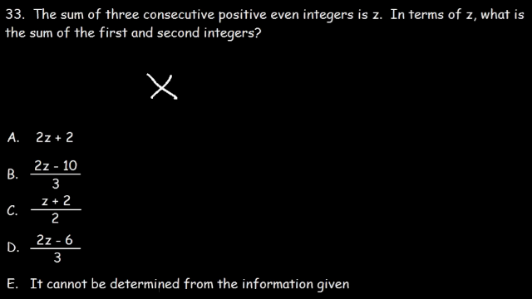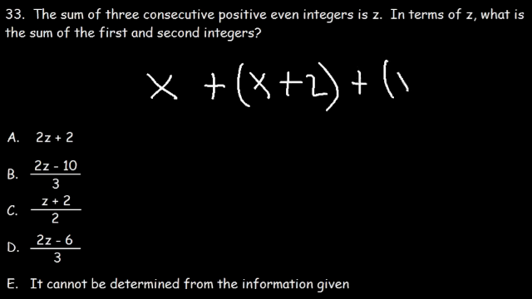Therefore, the second one will have to be x plus 2. The second one is 2 more than the first one, and the third one is going to be x plus 4. So let's say x was 8. 8 plus 2 would be 10, and 8 plus 4 is 12. So as you can see, these are consecutive positive even integers.